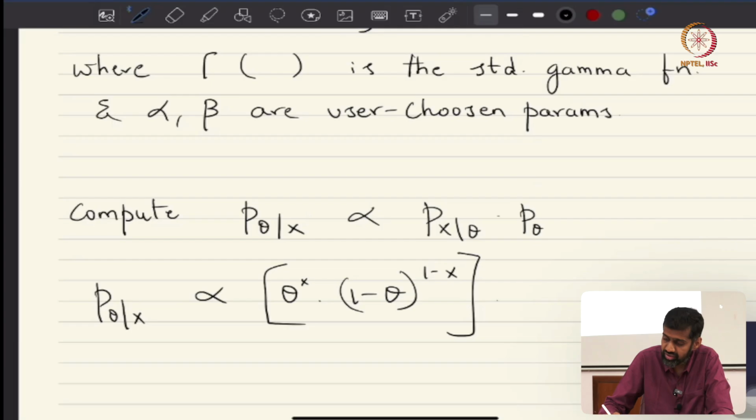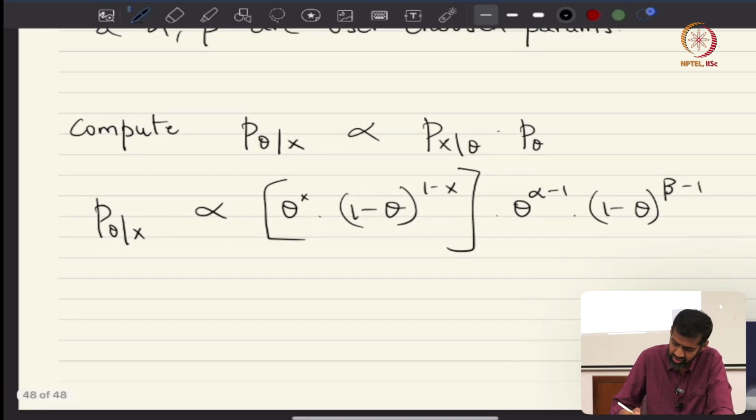Multiply this with the beta distribution, where I will again remove the constants, that gamma constant. This is theta power alpha minus 1 times 1 minus theta power beta minus 1.